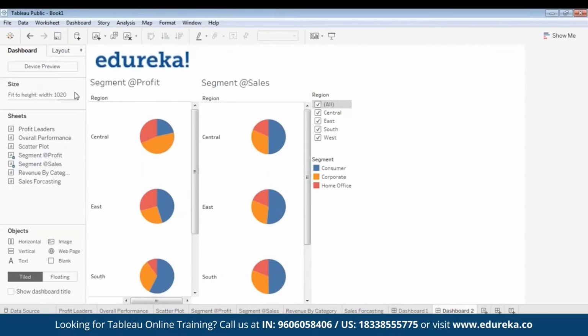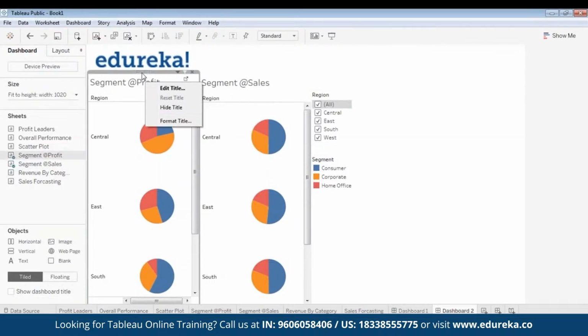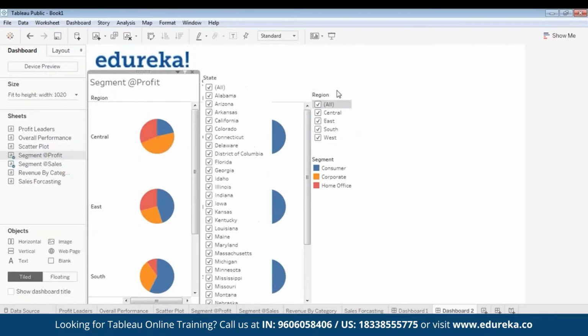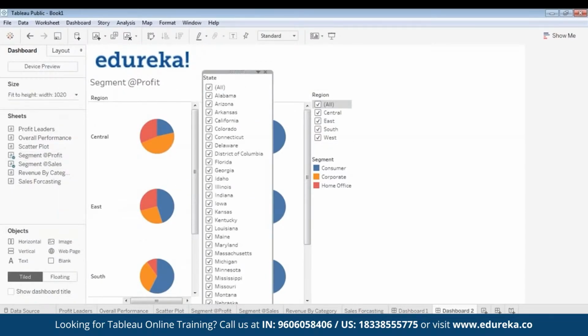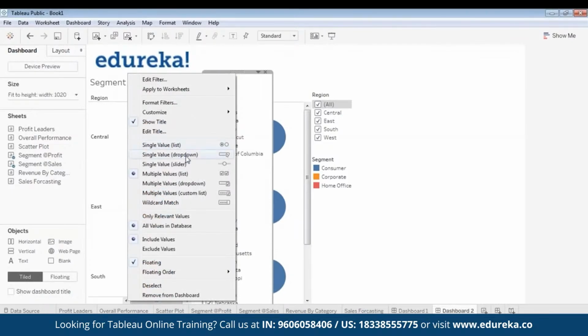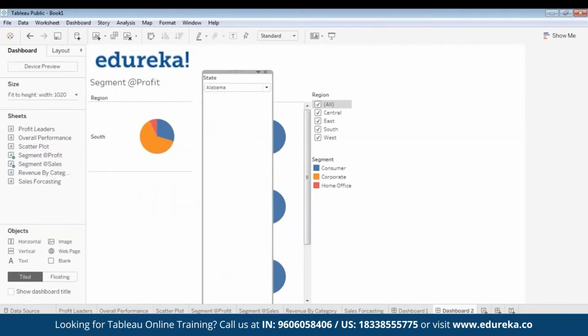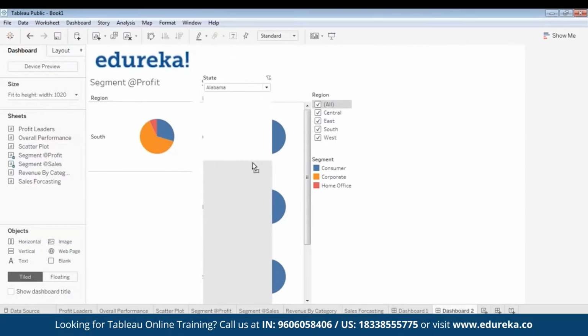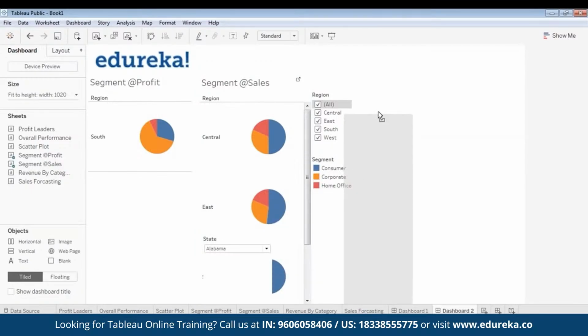And then I can add one more filter over here. I want to see state wise also how they have performed, so I will make it a drop down. Make it small, bring it here.